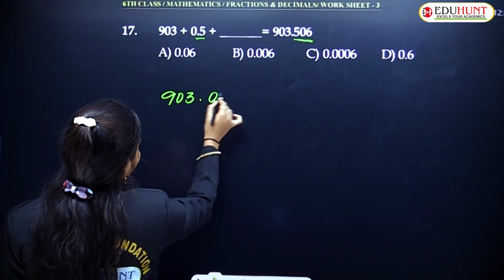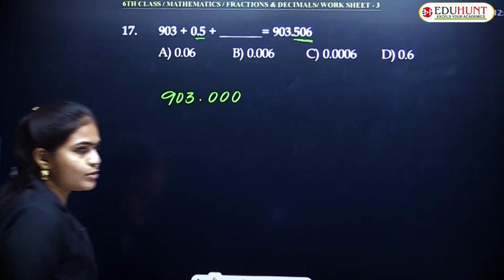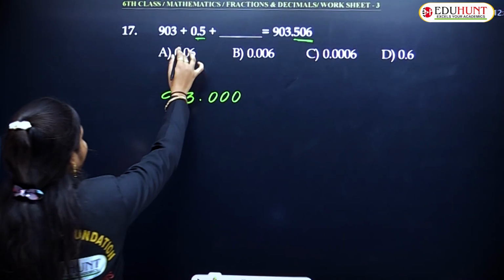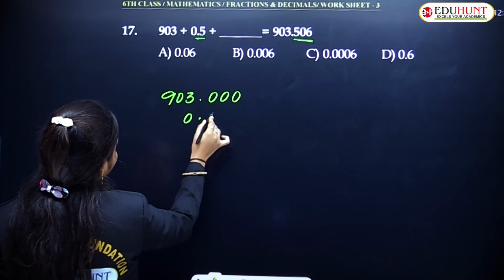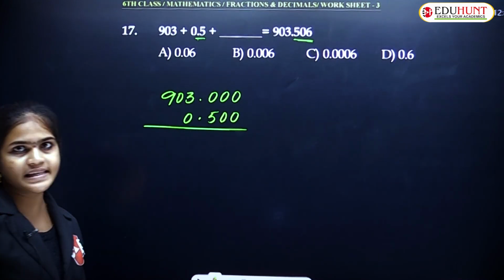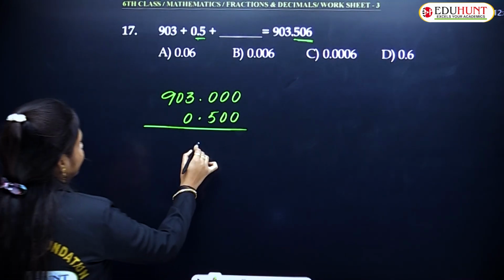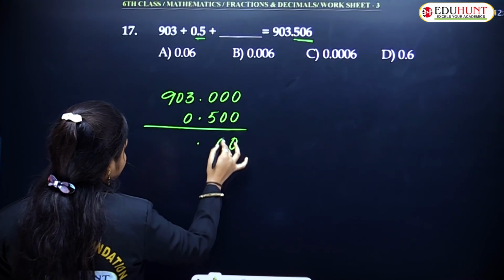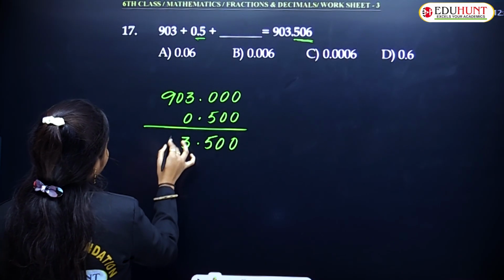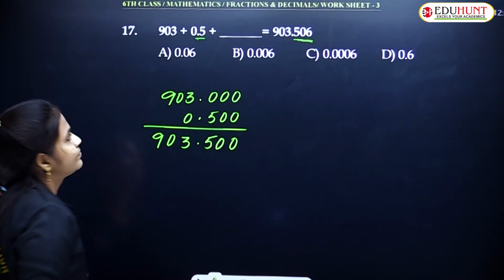So up to 3 places you have to take zeros. Next plus 0.5, the leftover 2 places you can take as zeros. Finally 0, 0, 5 plus 0 is 5, 3 plus 0 is 3, 0, 9.